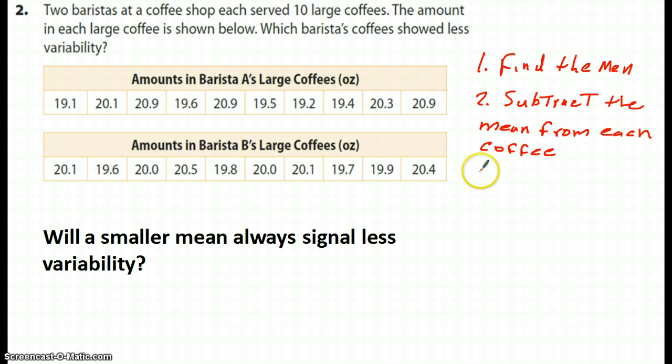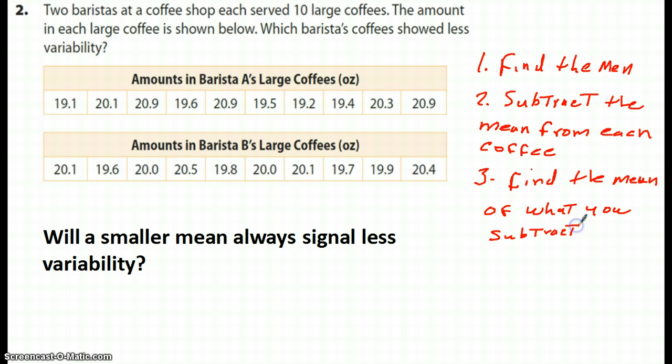Okay, and then once you do that, number three, you want to find the mean of what you subtracted. Okay, and then you can answer the question, which one is smaller. So go ahead and stop the video, do that, come back when you're done, and check your answer.